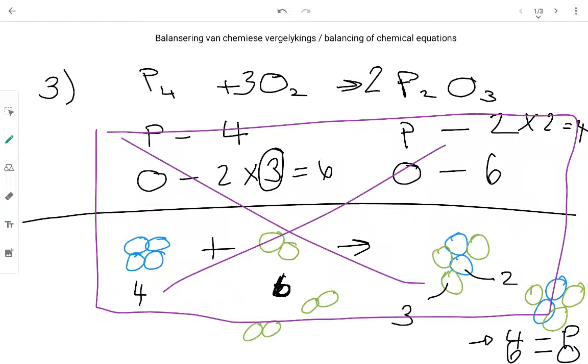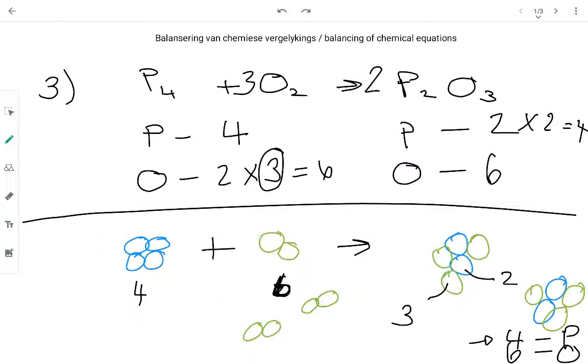The methods that I gave you are only a crutch, basically your training wheels, to start doing the balancing of chemical equations. So if you do not understand, I do encourage you to use these methods to help you.